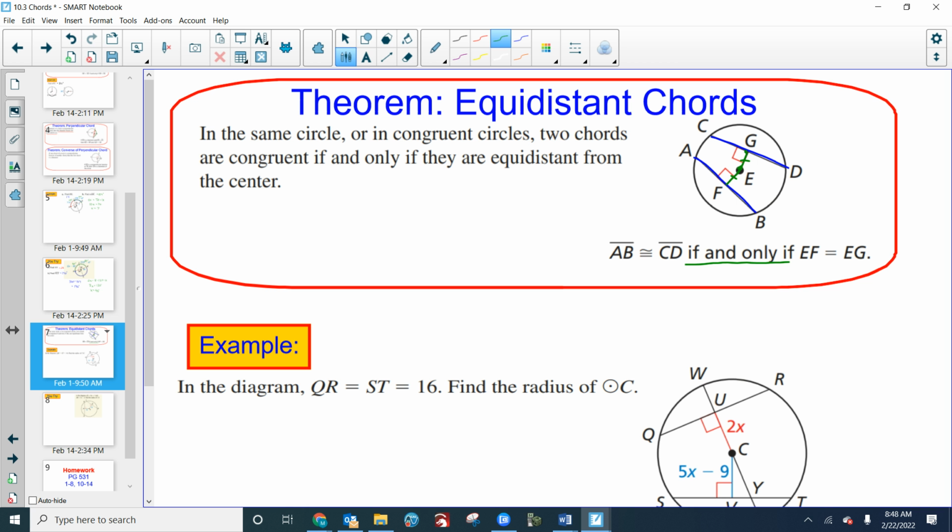We learned it way back in chapter 2. The IFF. Yeah, good. We had a special symbol, IFF, or a double arrow, I think. There's a couple of symbols. I don't know if I used all of them or not. IFF, you're like, oh, you misspelled if. Kind of. That's another way to write if and only if.